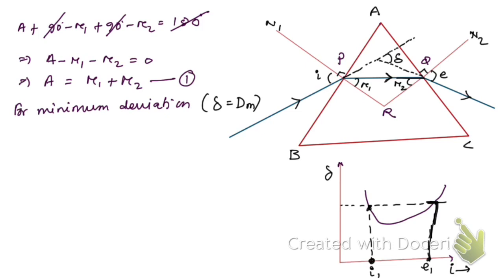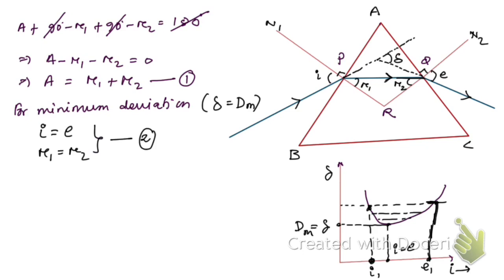Now if you go down like this, at a point here you're going to get angle of incidence equal to angle of emergence, and that is going to be the minimum angle of deviation dm, okay. And that angle of minimum deviation is possible when angle of incidence is equal to angle of emergence, okay. And one more condition, R1 will be equal to R2 in this condition. So this is, suppose, equation number 2. So why R1 equal to R2? Let me explain here, you see.